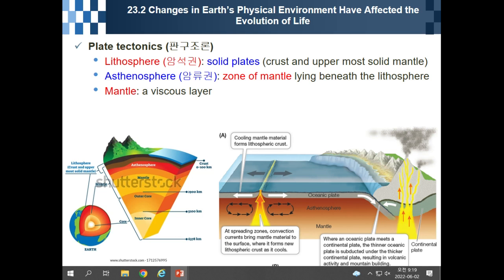In Korean, we call it 압류권. This is the zone of mantle beneath the lithosphere. Also there is the mantle, which is very viscous. They are not solid. Their status is a viscous layer, like this.